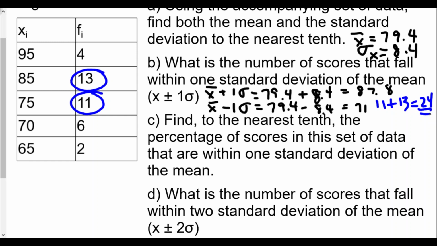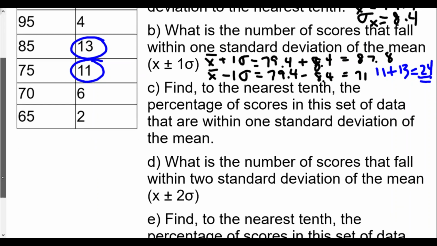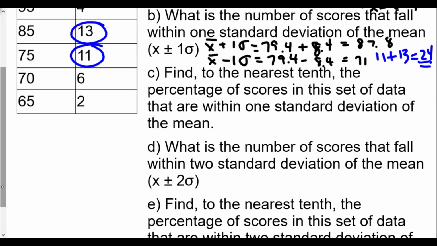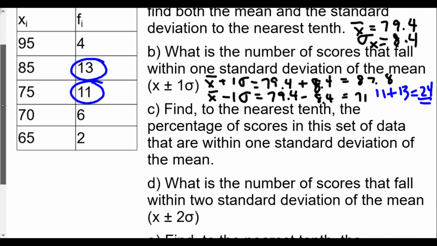Continuing with part C, which says to find, to the nearest tenth, the percentage of scores in this data that are within one standard deviation of the mean. Now we know there are 24 scores within one standard deviation. If we add up all of these numbers, 4, 13, 11, 6, and 2, we get 36.